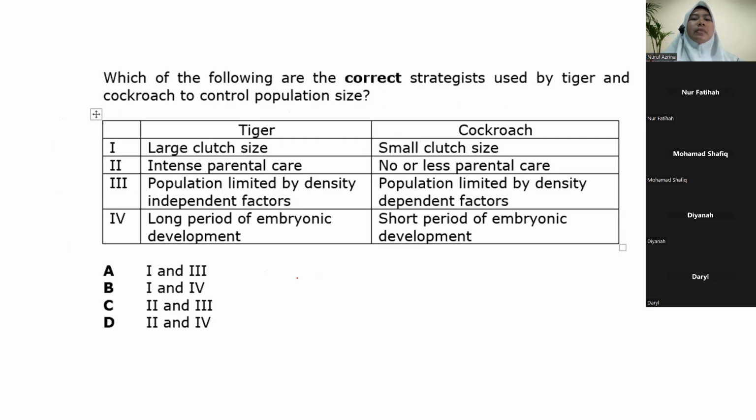Okay, next question. Which of the following are the correct strategies used by tiger and cockroach to control population size? Okay, what is the answer?